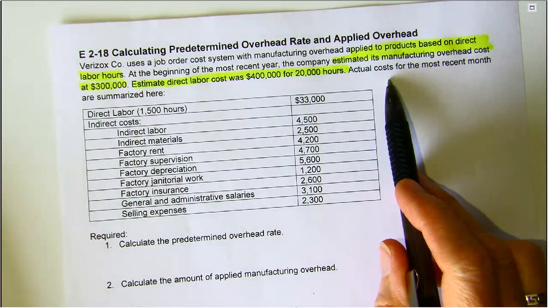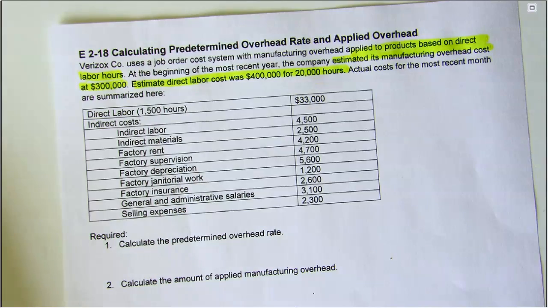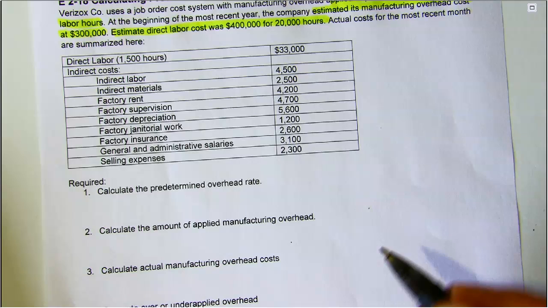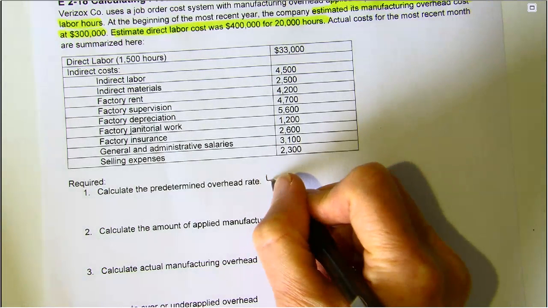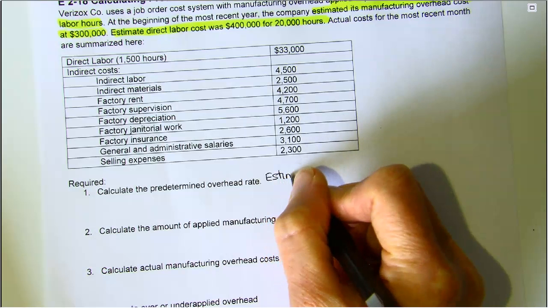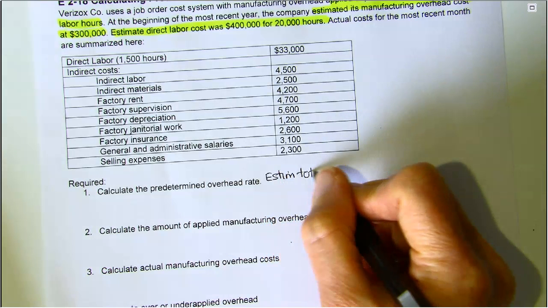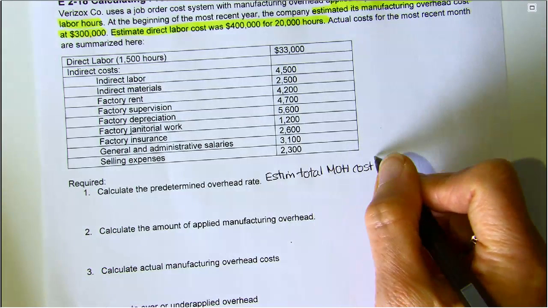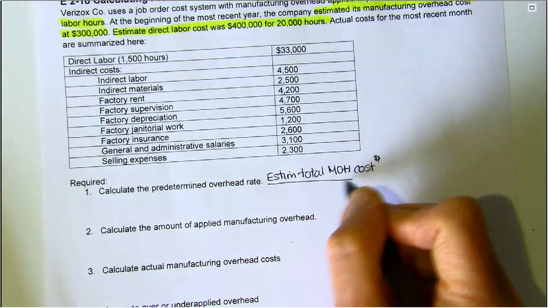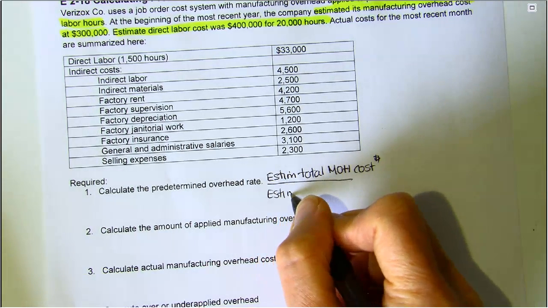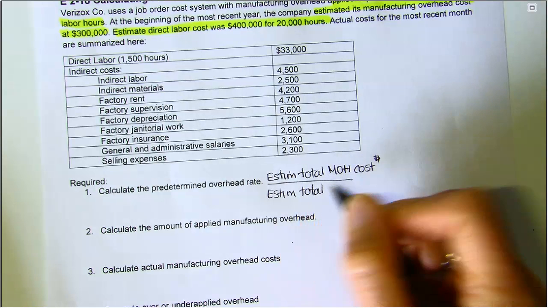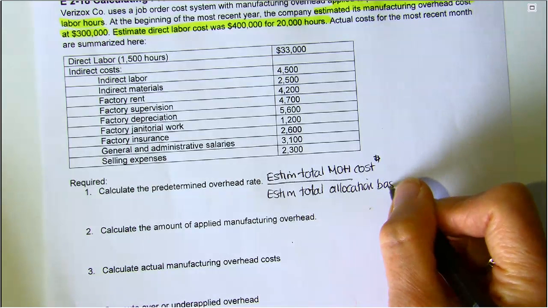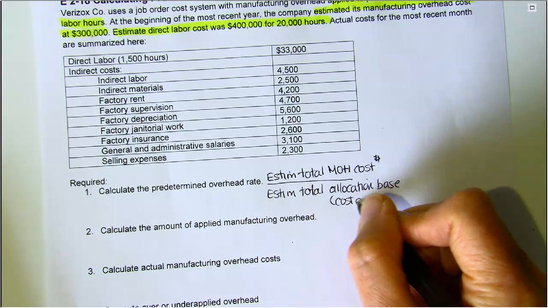Actual costs for the most recent month are summarized here. So the first thing we're asked to do is calculate the predetermined overhead rate. To do that, we take our estimated total manufacturing overhead cost, which means dollars, and divide by our estimated total allocation base, which is the same as the cost driver.